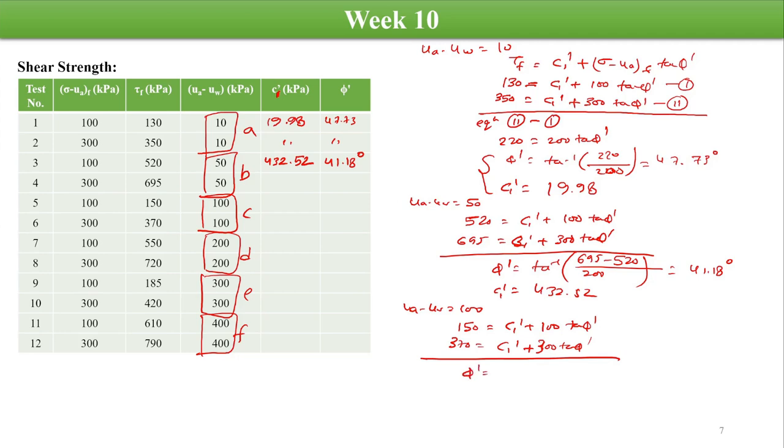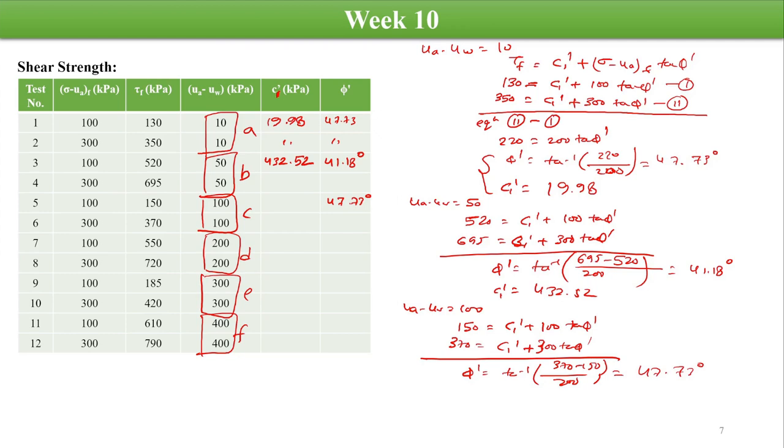So we'll get phi dash is equal to tan inverse of 370 minus 150 divided by 200. It will come 47.73 degrees again.